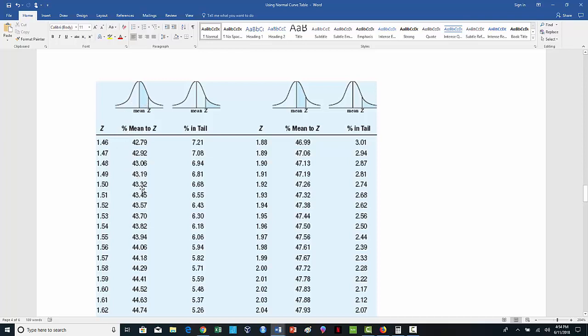And the percent mean to z is 43.32. So if we were going to draw this, we would shade in all of this area plus this area from the mean, the z-score of 0, to the z-score of 1.5. And we'd be able to add up 50 plus this number here, 43.32.